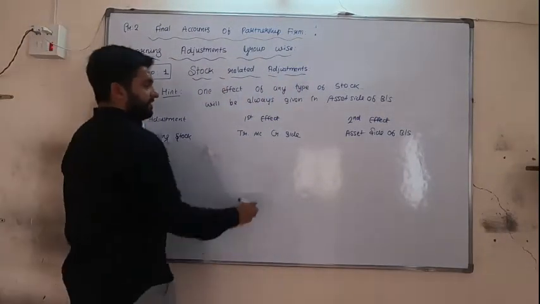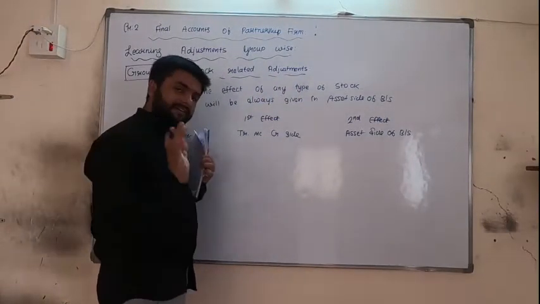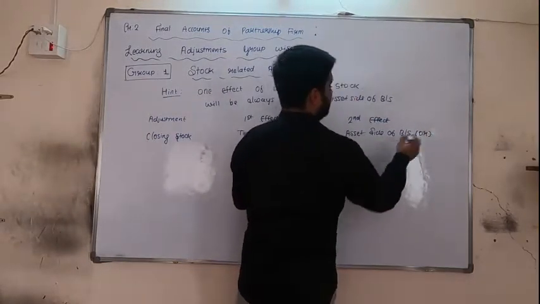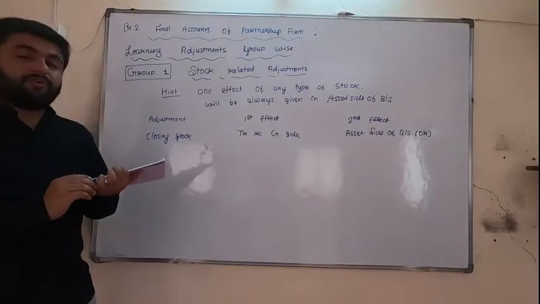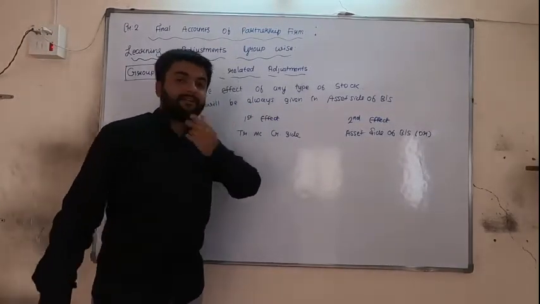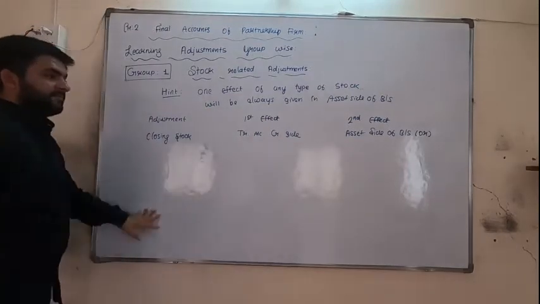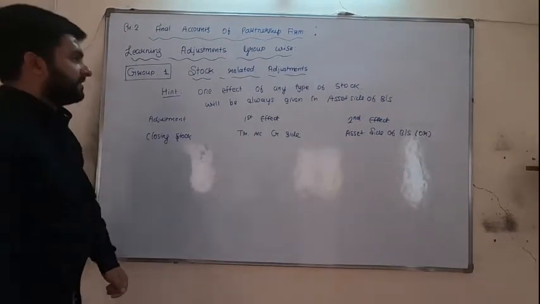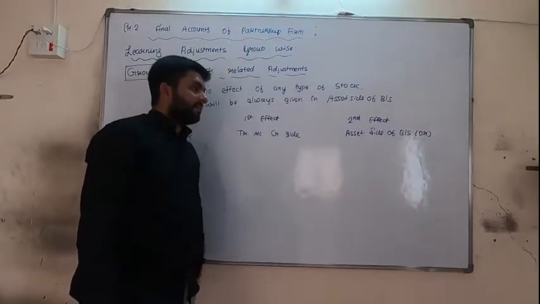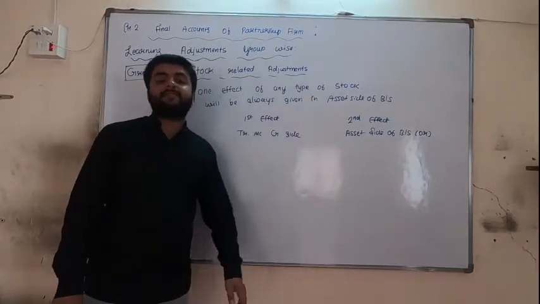Now friends, as this is shown on the credit side, it is a credit effect, and as it is shown on the asset side of the balance sheet, it is a debit effect. So one credit and one debit. So the first adjustment to remember regarding stock is closing stock: first effect is the trading account credit side and second is the asset side of the balance sheet.